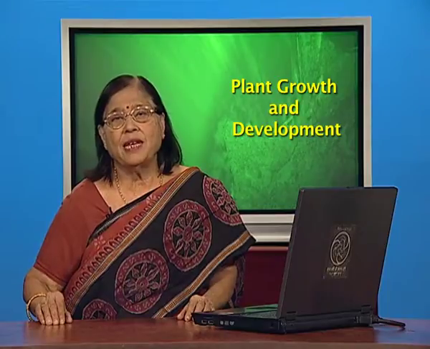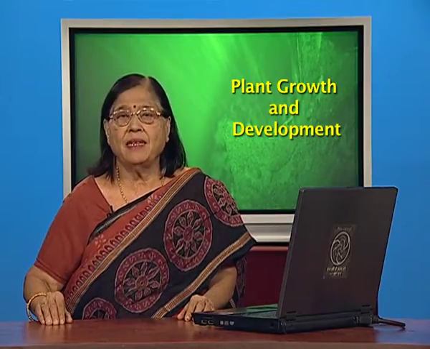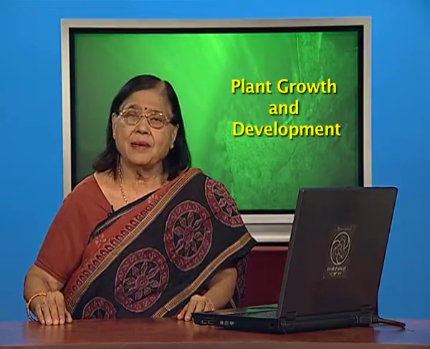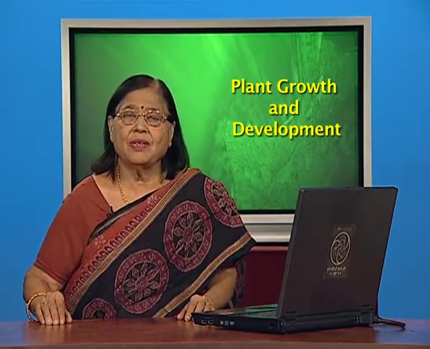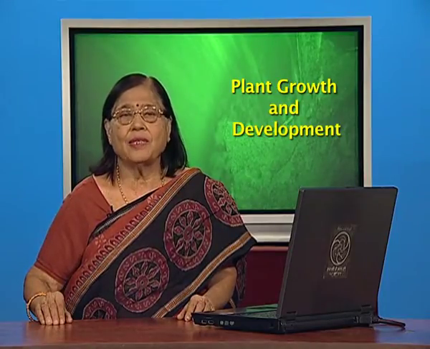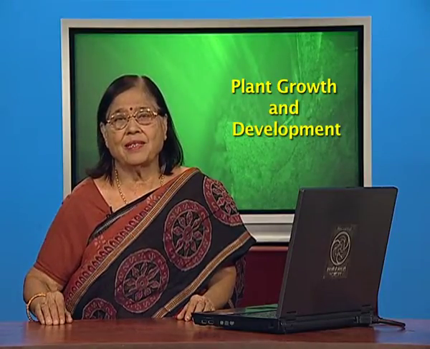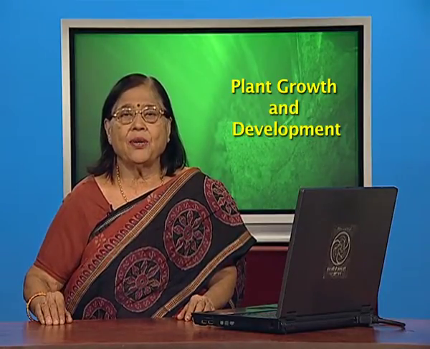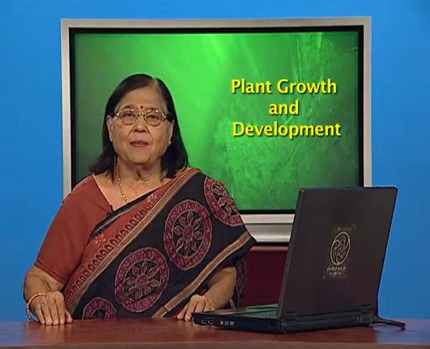So, all the weeds which are dicot will be killed and the monocot crop will remain healthy. Sometimes gardeners use auxin to prepare weed-free lawns. So, students, you have understood the important role of auxins in plant growth.